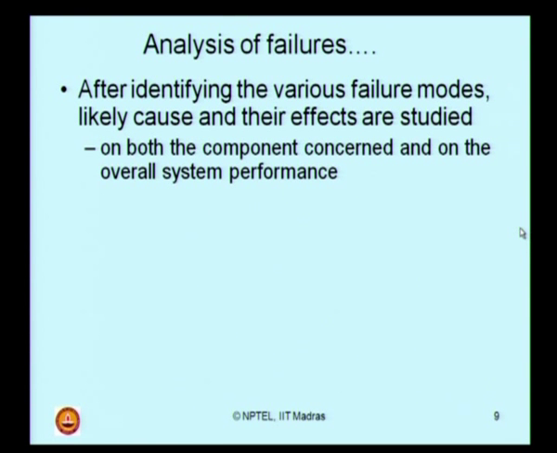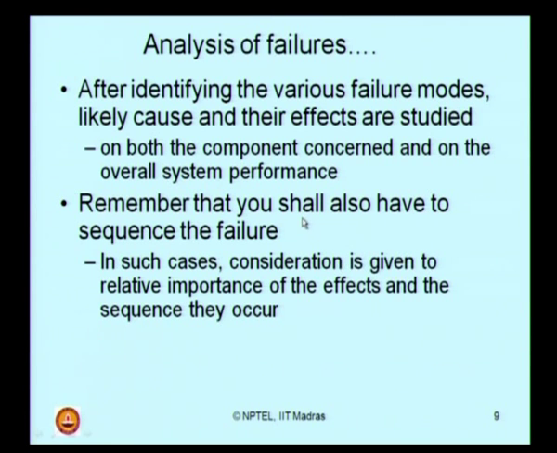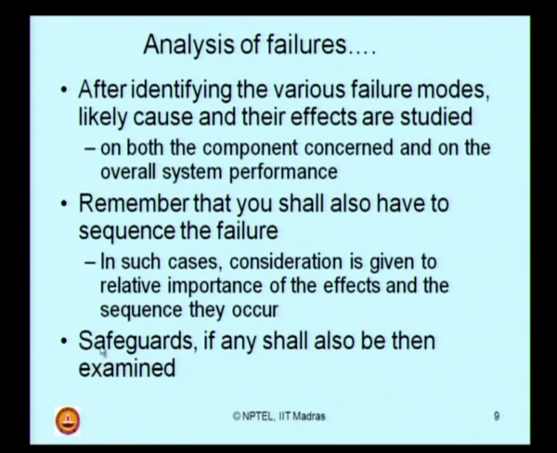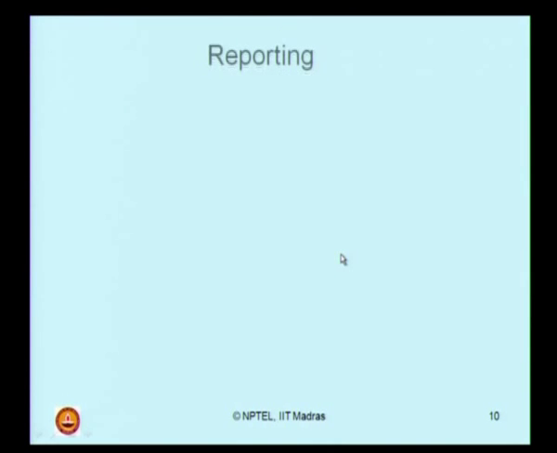So it starts analyzing the system from a micro level to the macro level. Remember that you shall always have a sequence of failure in your operation. In such cases, consideration is generally given to the relative importance of the effects and the sequence in which they occur. If you identify any safeguards in the system, please note that any such system shall then be examined separately.